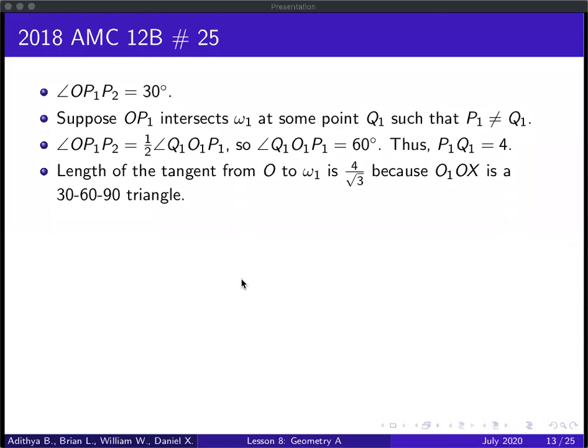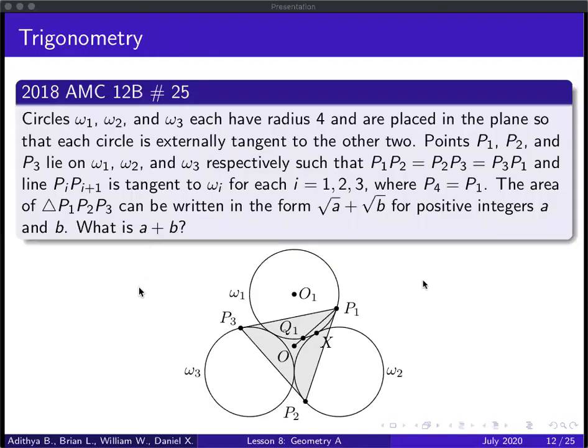We can say that O1OX is a 30-60-90 triangle.